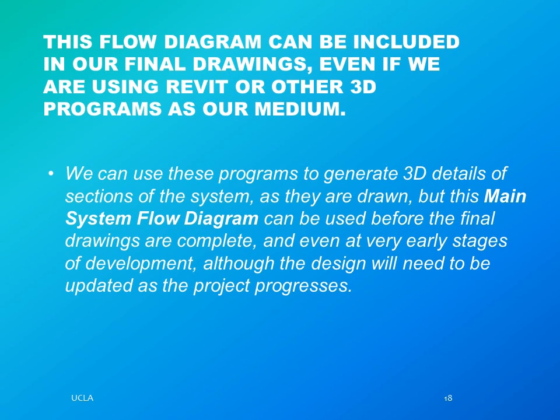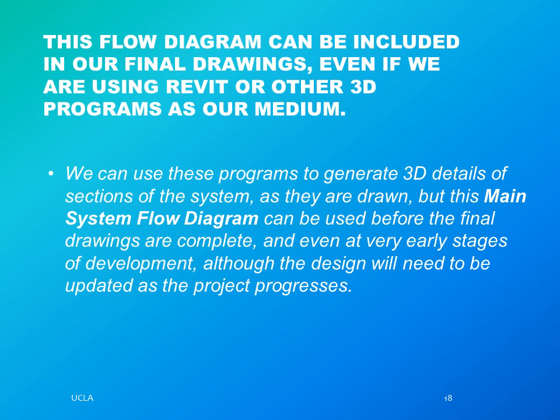We can include this in our drawings also, even if we are using Revit or AutoCAD MEP 3D or some other programs. We can still include a diagram like this, especially in the scope documents, because it shows the main system requirements. We could use these other programs to generate 3D details of the system, and that has other advantages, but this main system flow diagram can be used before the drawings are complete.